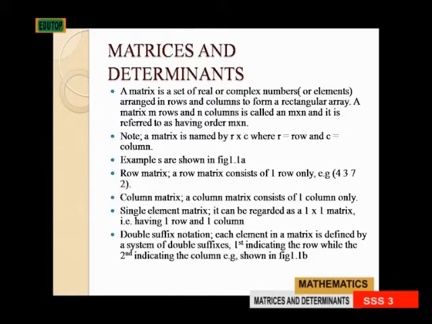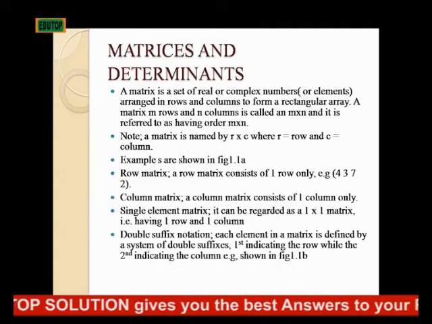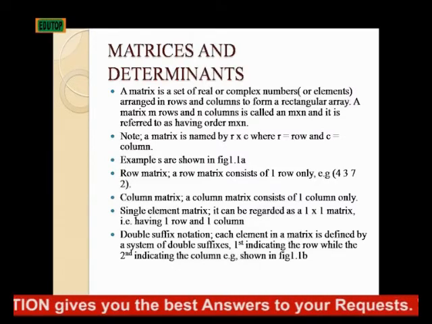Matrices and determinants. A matrix is a set of real or complex numbers or elements arranged in rows and columns to form a rectangular array. A matrix with m rows and n columns is called an m by n matrix, referred to as having order m times n.